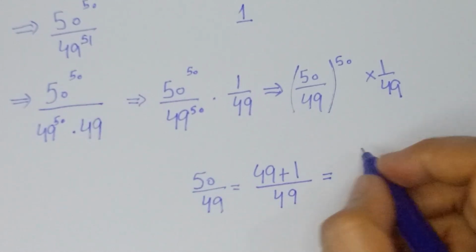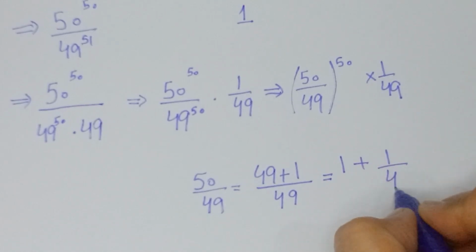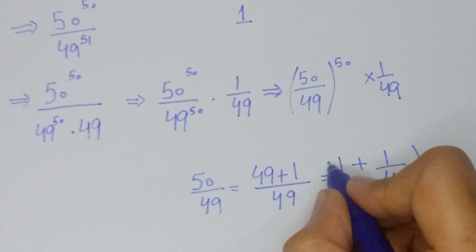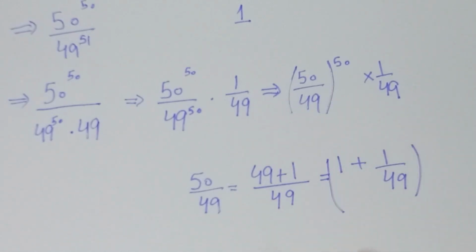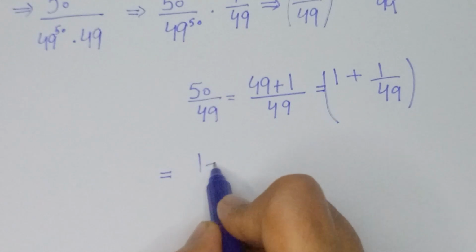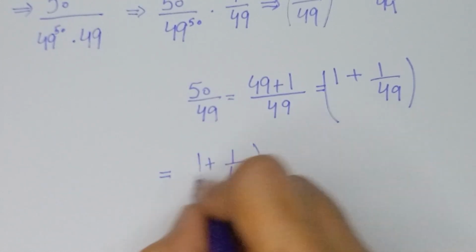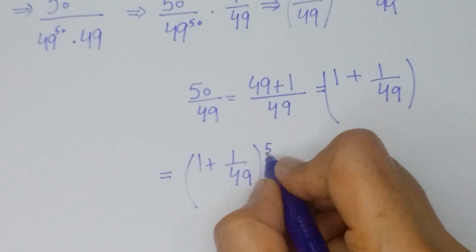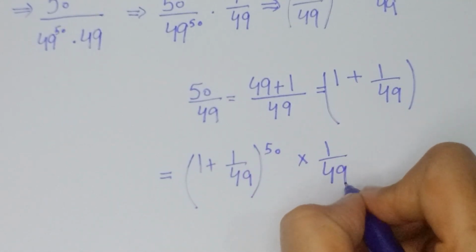So we get here 1 plus 1 upon 49. Let's write it down: 1 plus 1 upon 49 to the power 50 into 1 upon 49.